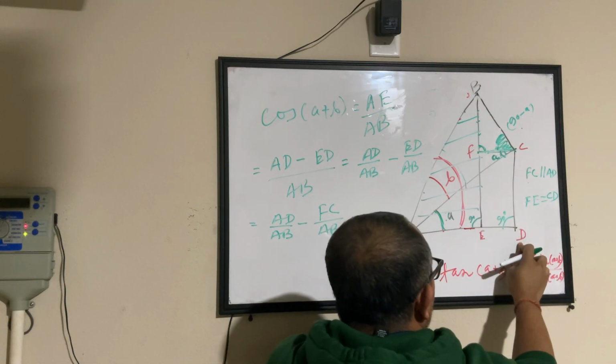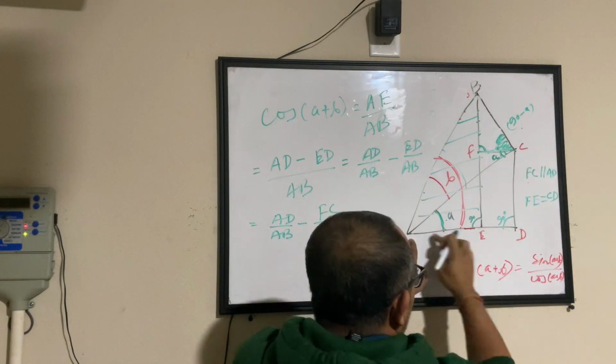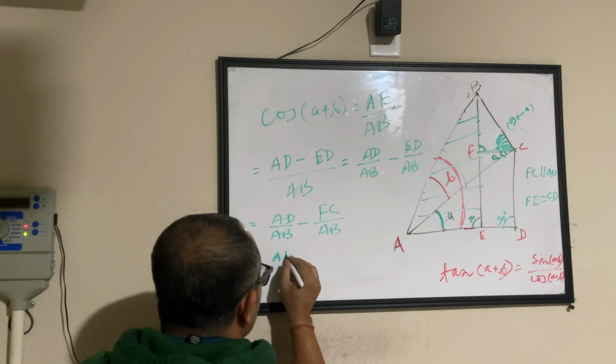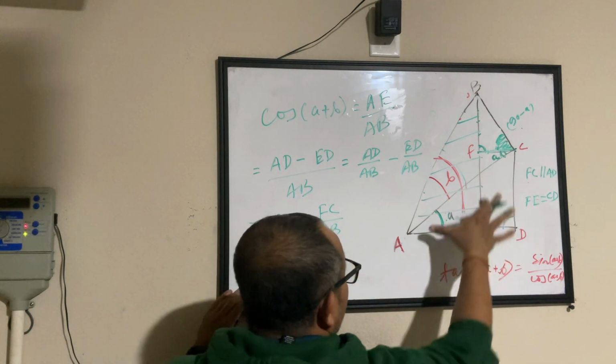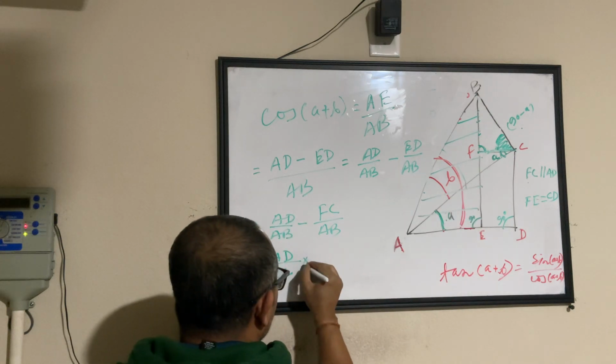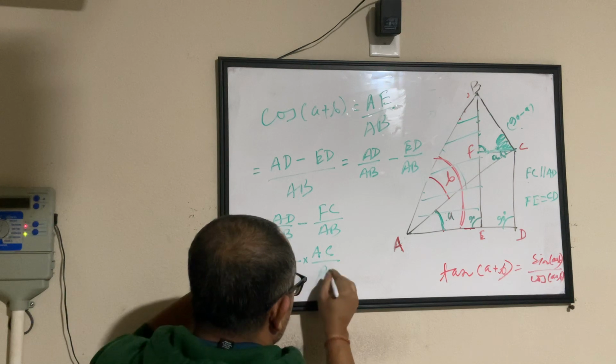AD by AB has no meaning, but AD by AC gives me cos of A. So instead of saying AD, I will say AD divided by AC. Since I have divided, I have to multiply also, and AB remains AB.